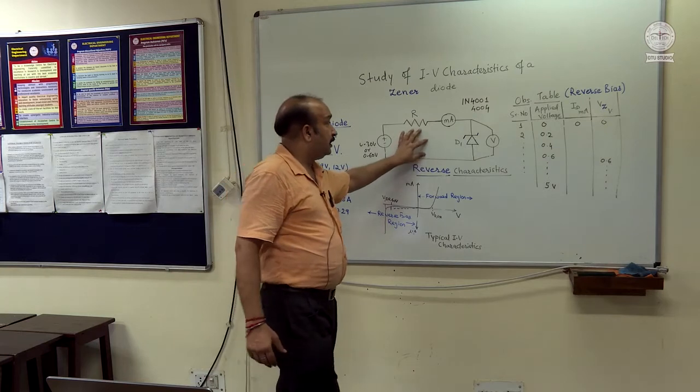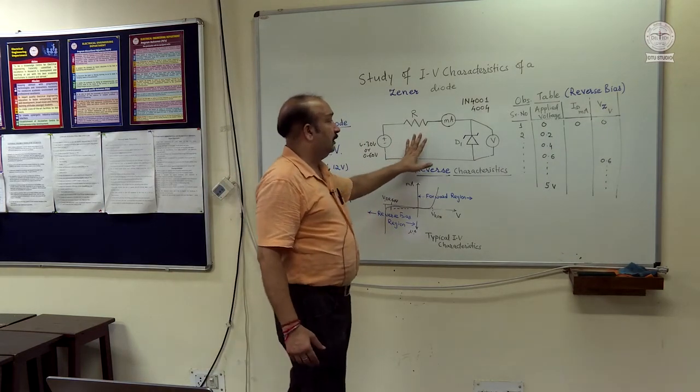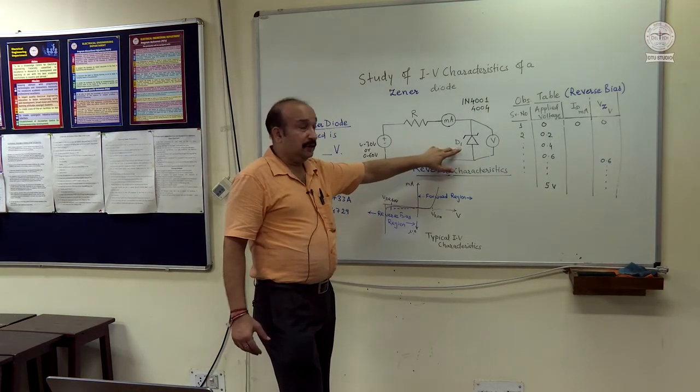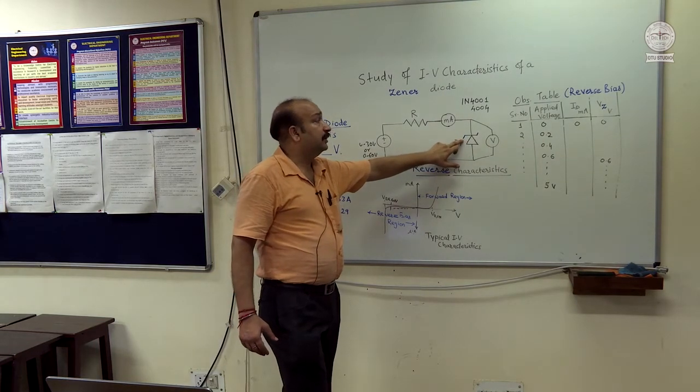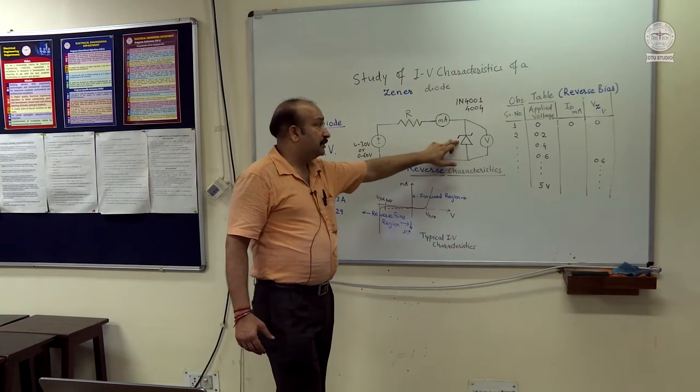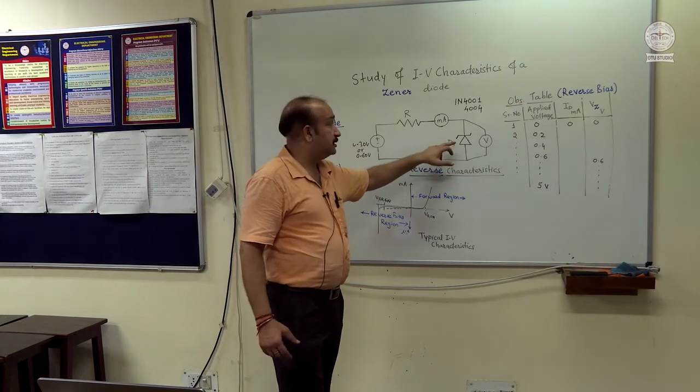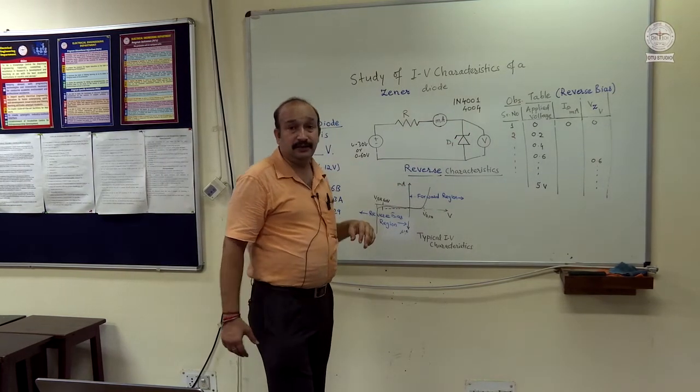So, we are connecting the circuit as shown. A normal diode is replaced by a Zener diode. In the symbol of the diode, the cathode is not shown by a straight bar, but it is a bar with a Z shape.